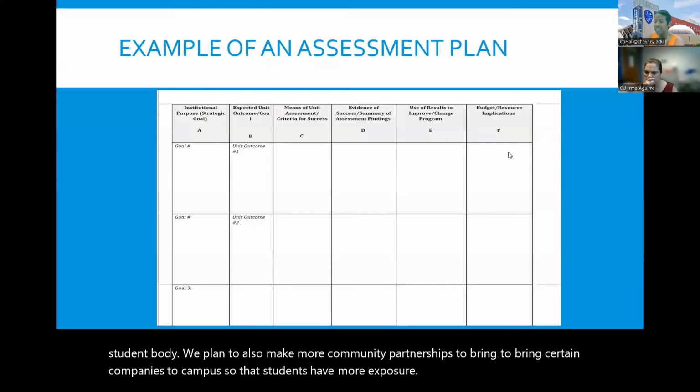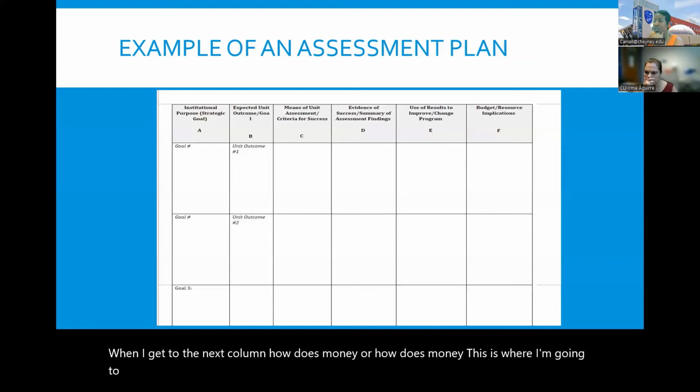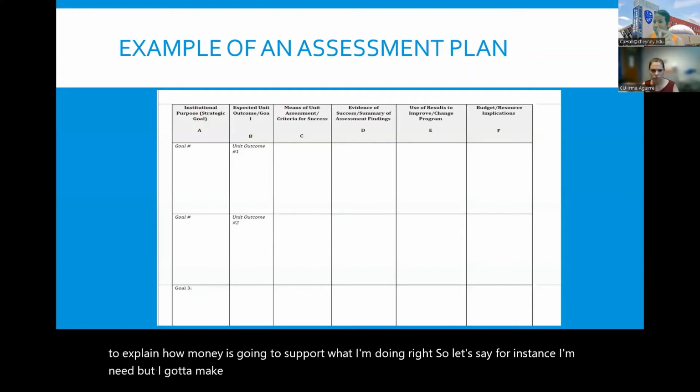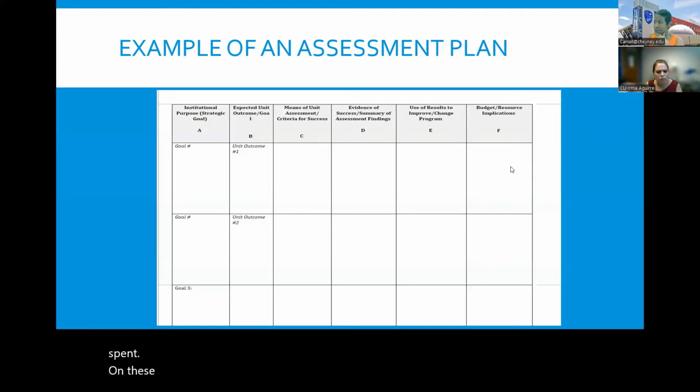Well, when I get to the next column, this is where I'm going to explain how money is going to support what I'm doing, right? But I got to make sure that budget resource information is specific, okay? So let's say in career development, 2021 through 2022, $3,000 was spent on these various workshops.